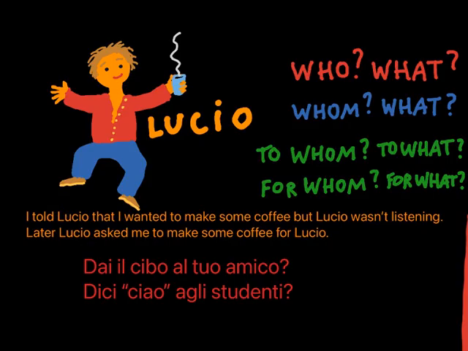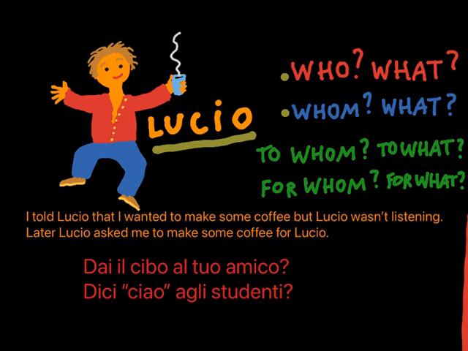Let's see why. You have here a friend, a clueless Lucho, who likes coffee and is a little bit disorganized. So if you pose the question who or what, that will be your subject. If you pose the question to a sentence whom or what, it will be the direct object.